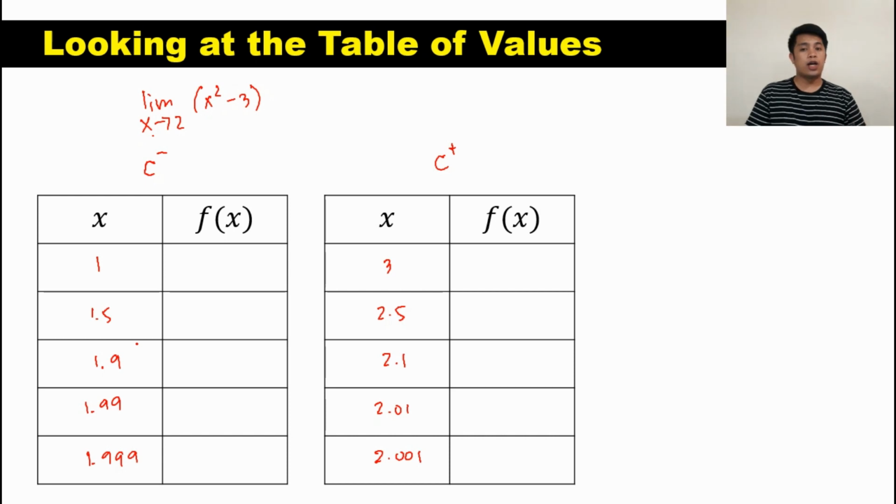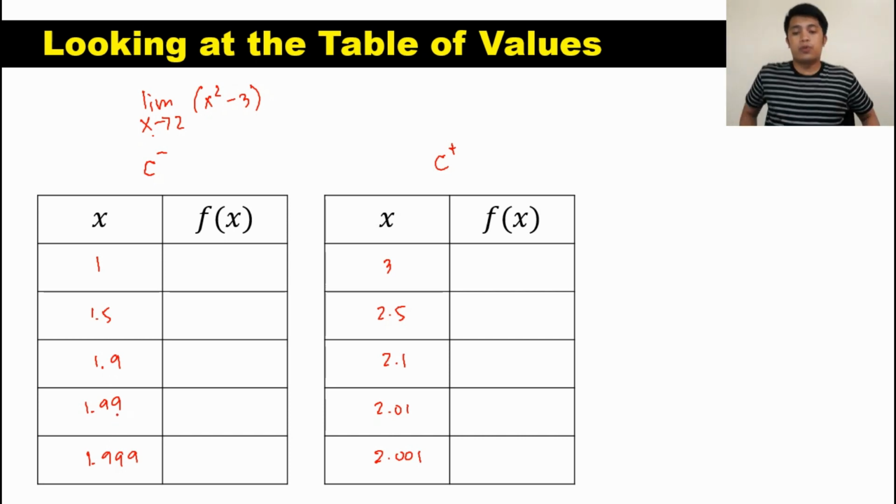Muna siyang process sa table of values. First is mag-create ta og duha ka tables. We have C negative and C positive. Those are the values that are less than but approaching 2 or approaching C. And isa ka value is greater than but approaching C. So sa isa ka table, we list down x values that are less than our c: 1, 1.5, 1.9, 1.99, and 1.999.